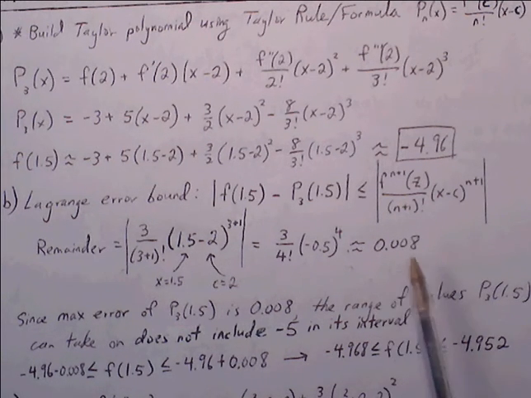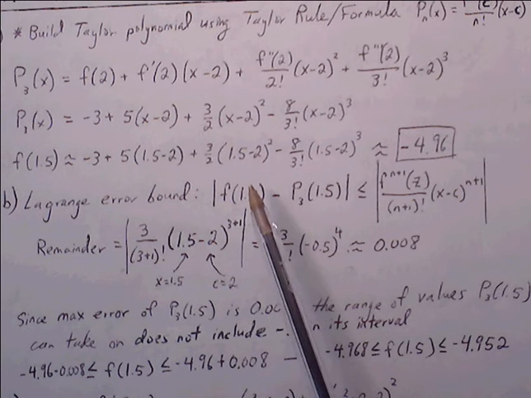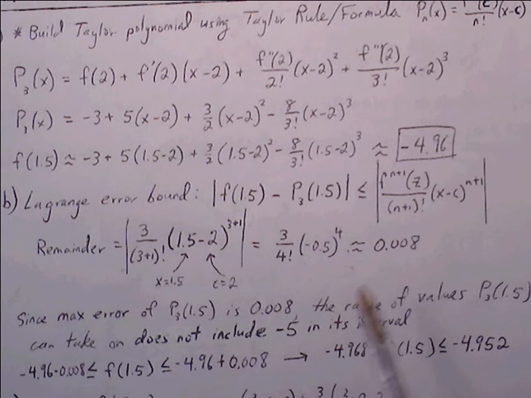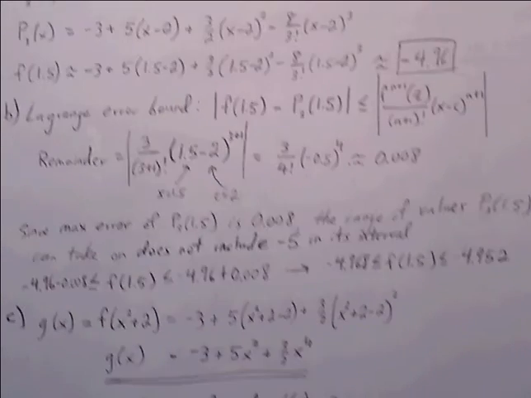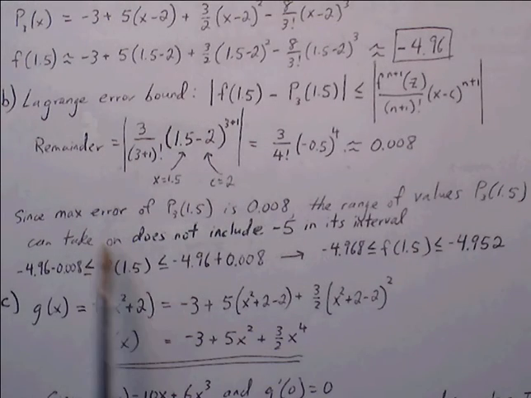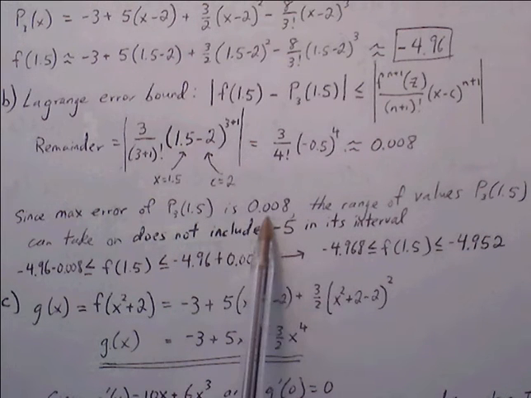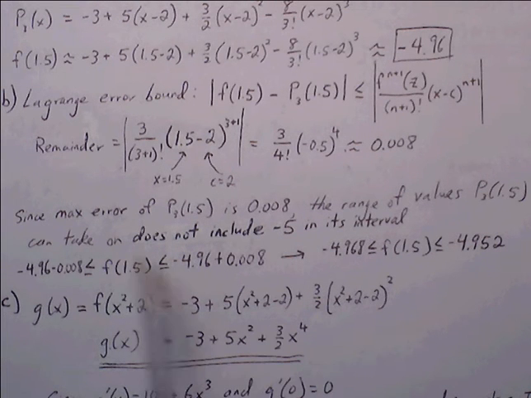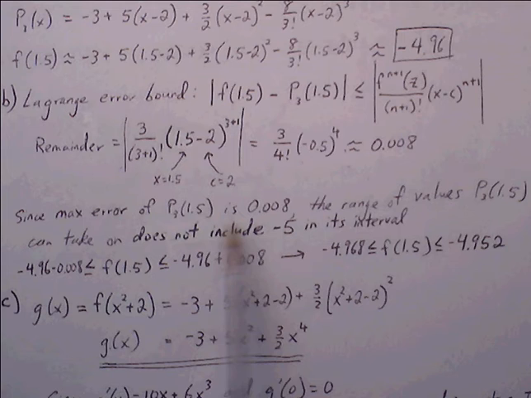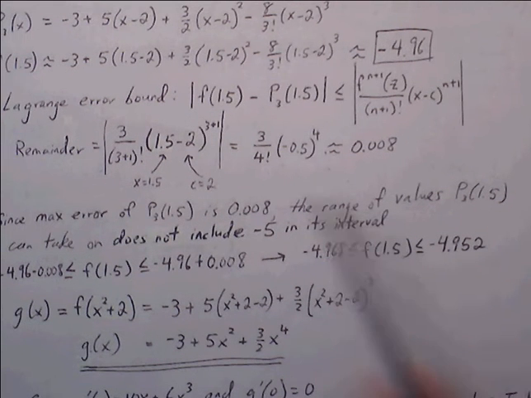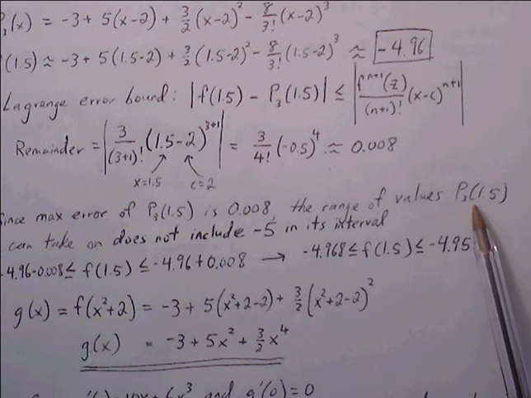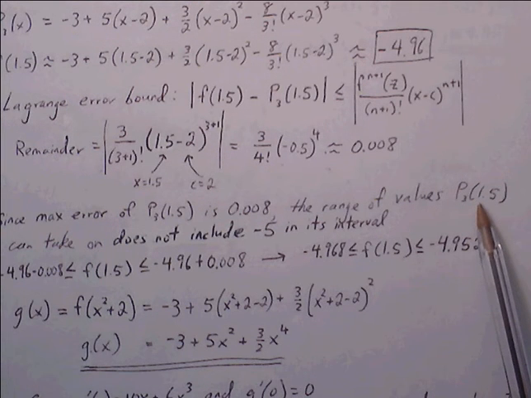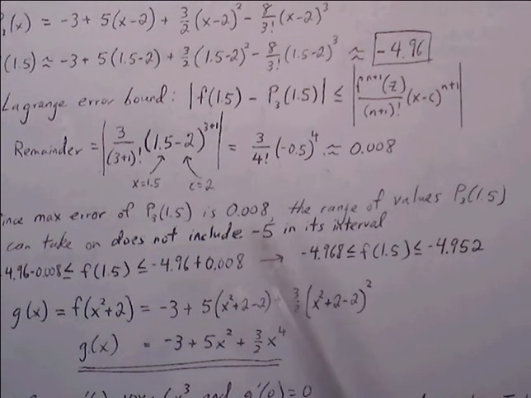So whatever that approximated difference between the function and the polynomial is, it's not going to be off by more than 0.008. So we know the maximum error is 0.008, and we know that there's no way that the value for the third degree Taylor polynomial at 1.5 can include -5.